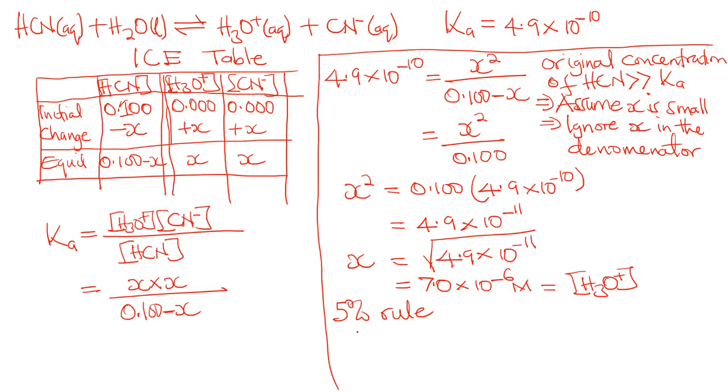So in this case, our X is 7.0 times 10 to the negative 6 molar. This divided by the original concentration, which is 0.100 molar, times 100%, gives us 0.007%.